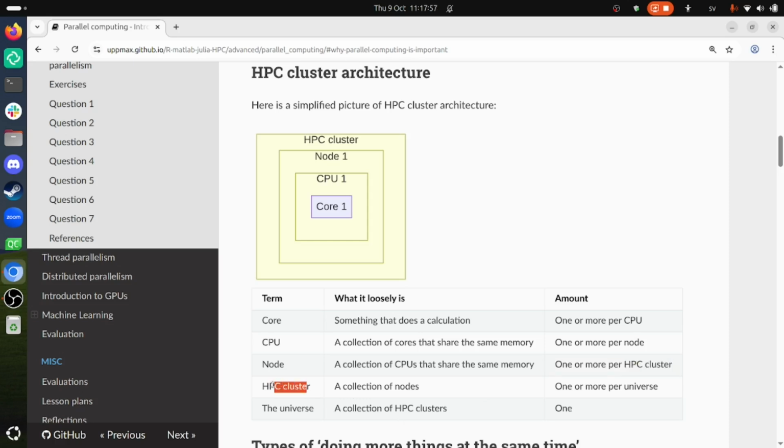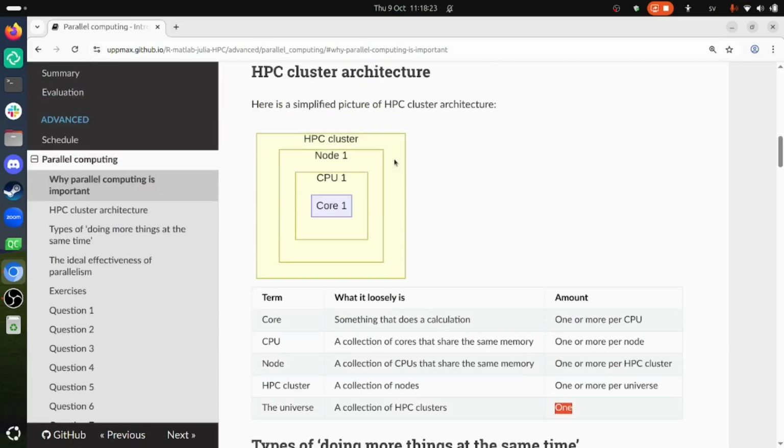An HPC cluster, the highest level here, typically has a whole bunch of nodes, typically hundreds. And there is one or more HPC clusters per universe. The universe has a collection of HPC clusters, and there's only one universe for all practical reasons.